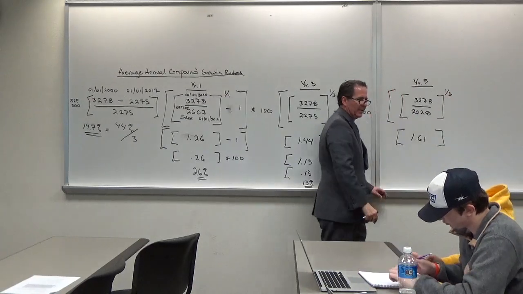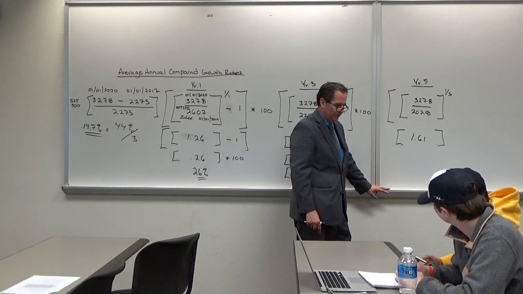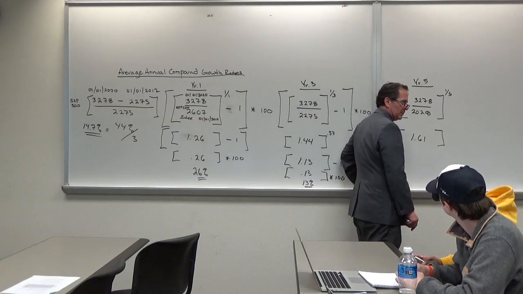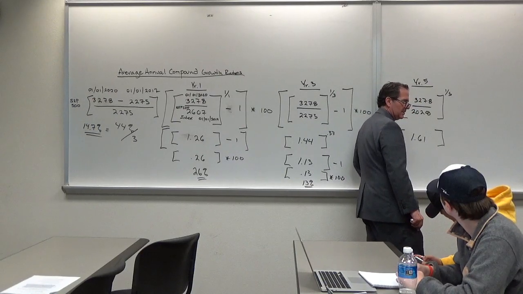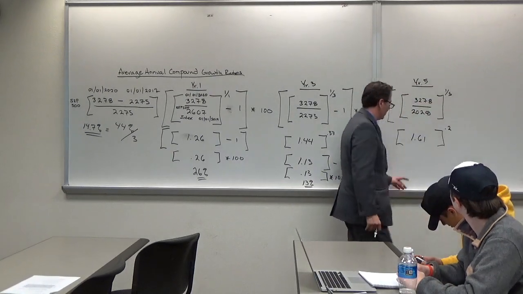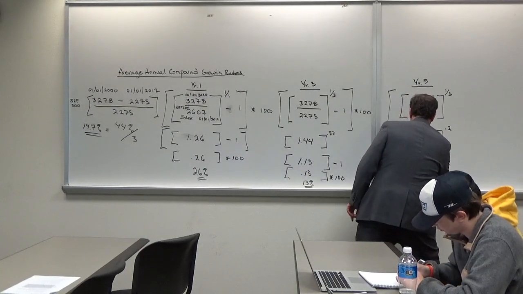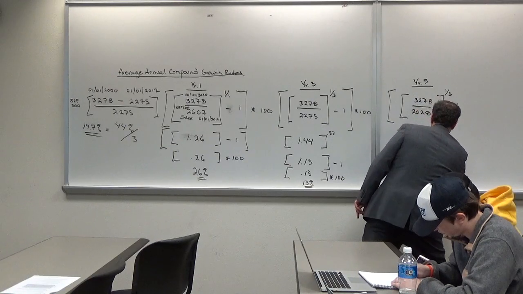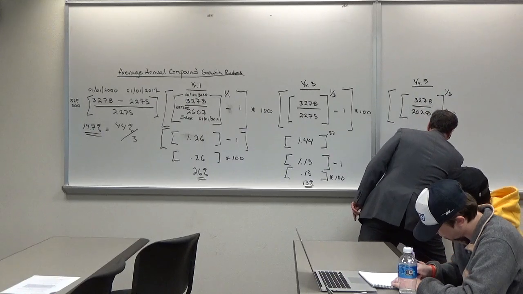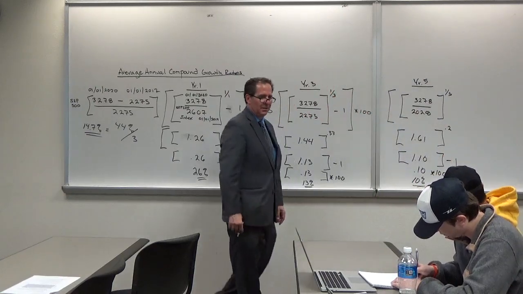And what's 1 divided by 5? 0.2. So what's 1.61 to the 0.2 exponential? 1.10 minus 1. 1.10 times 100 is 10%. Right?